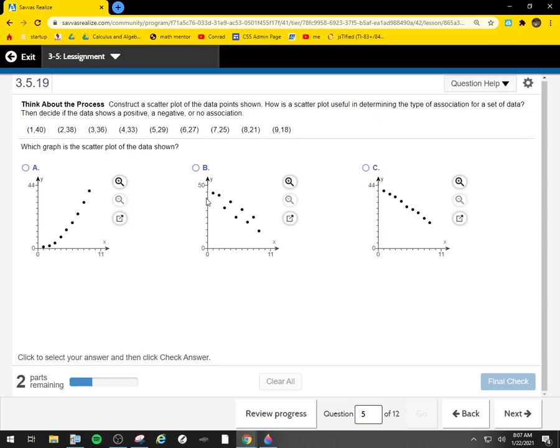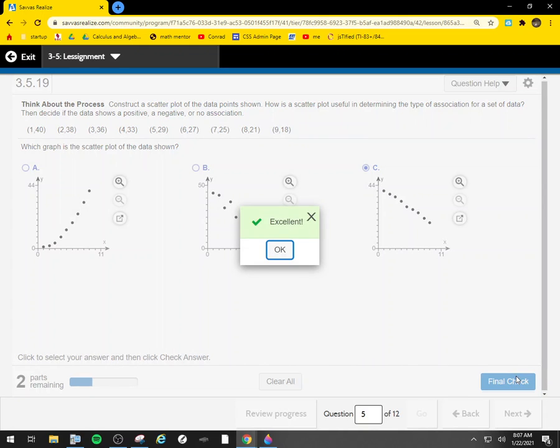Okay, so 1 comma 40 should be right about here. Doesn't look like B's got it. 1 comma, oh, this one goes to 44. Well, then it's gonna be C, right? Because this is at like 45, and this is at like not that.